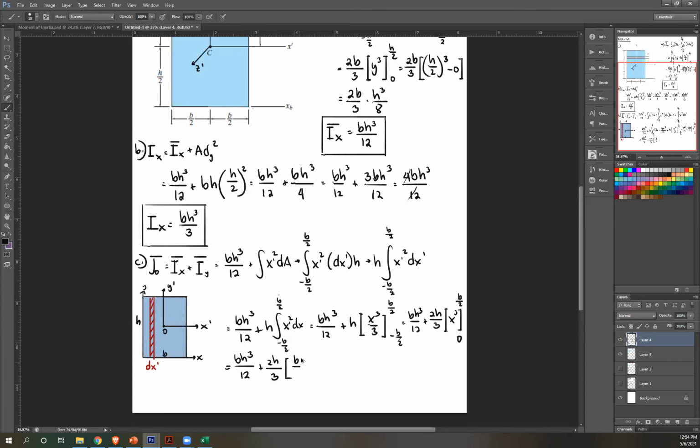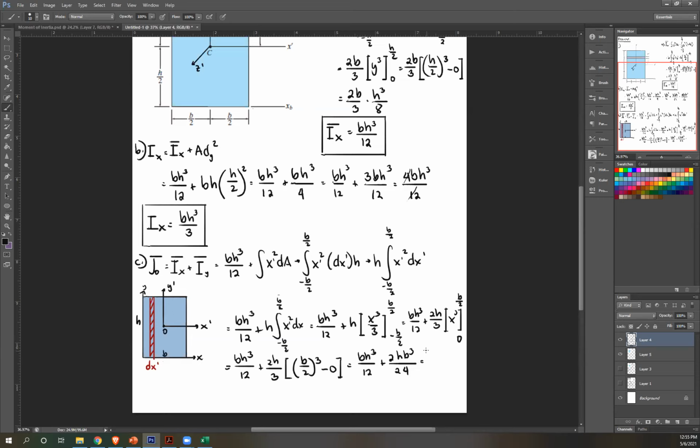So b over 2 cubed. Okay, b over 2 cubed minus subbing in 0, so minus 0. Okay. So we're left with bh cubed over 12 plus twice hb cubed over 2 times 2 raised to 3 is 8. 24. So this becomes twice hb cubed over 24.